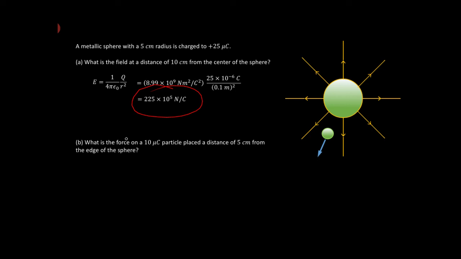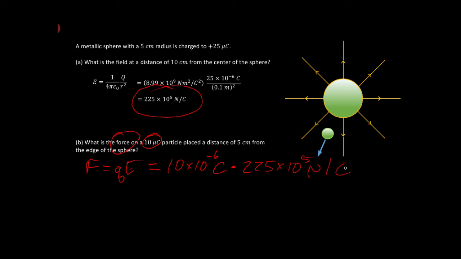And that's what we're going to use to find the force, right? And remember, force is equal to charge times field. And of course, now we have our charge here, which is 10 microcoulombs, 10 times 10 to the minus 6 coulombs times 225 times 10 to the 5th newtons per coulomb.